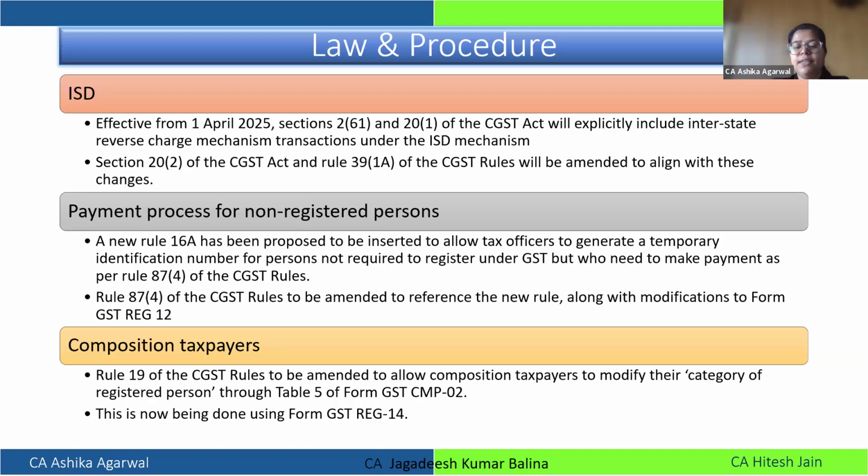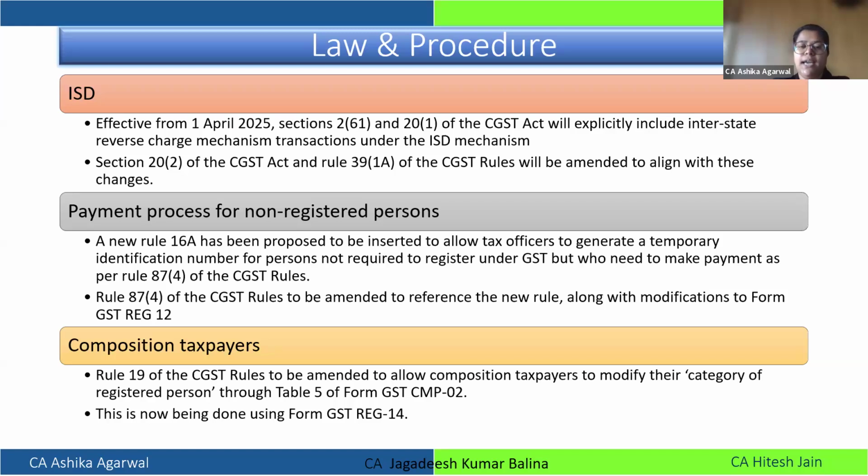So persons having multiple GSTINs are now required to look into whether they require input service distributor registration or whether they need to do cross charge. They have to check this, and based on that decide in which places they require ISD registration or need to do cross charge.